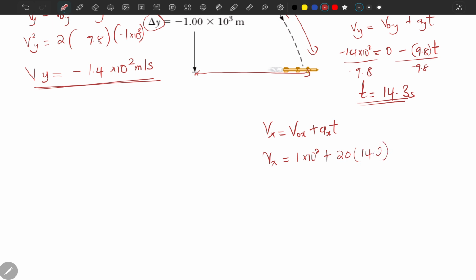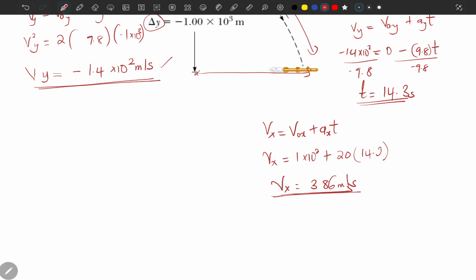So putting everything together, 20 times 14.3, then you say plus 1 times 10 to the power 2. I'm getting velocity in the x as 386 meters per second. So this is the velocity in the x.